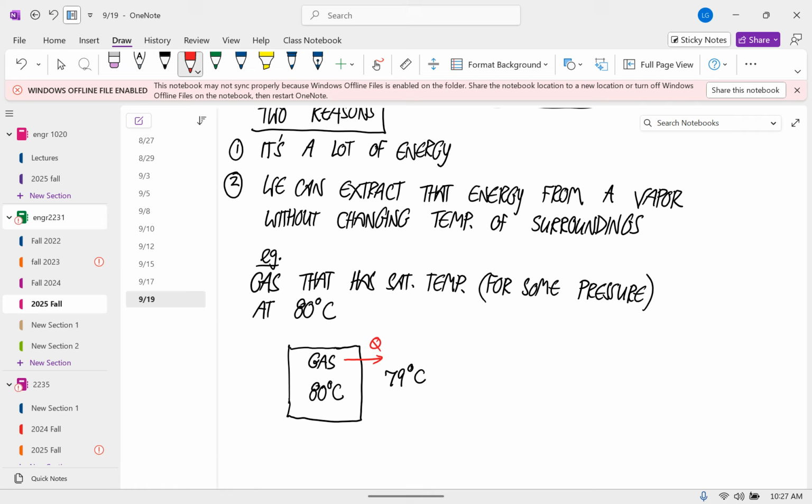And so now you can extract all of that huge amount of energy simply through heat without decreasing the temperature of your surroundings. Can you see how that's a useful thing? Yeah, that's a necessary property for heat engines and for refrigeration systems and everything. That's the thing that we're going to try to take advantage of as often as possible.